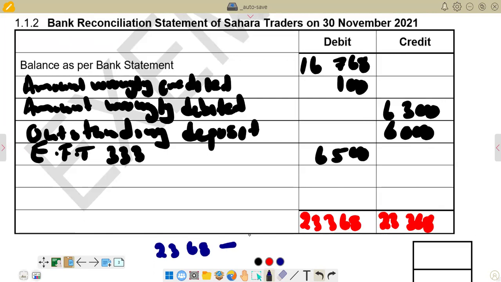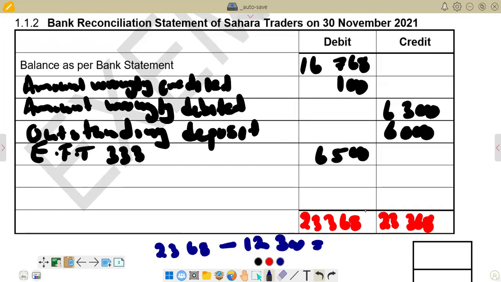So 23,368 minus the total of credit, which is 6,300 plus 6,000, you're going to get 12,300. So minus 12,300. Calculate it as such that you are going to get 11,068.